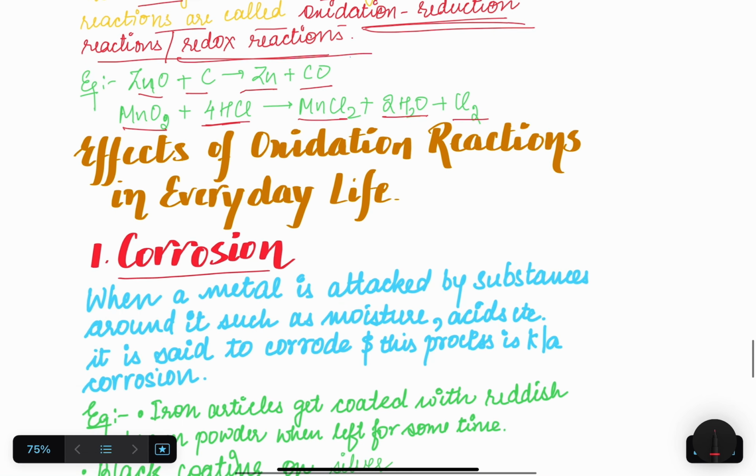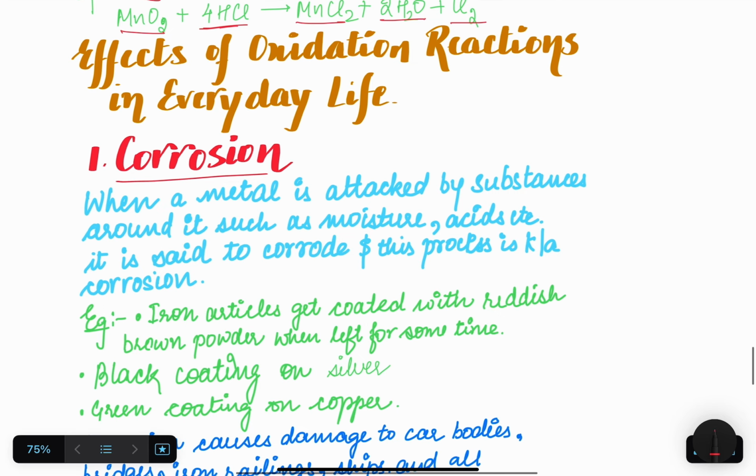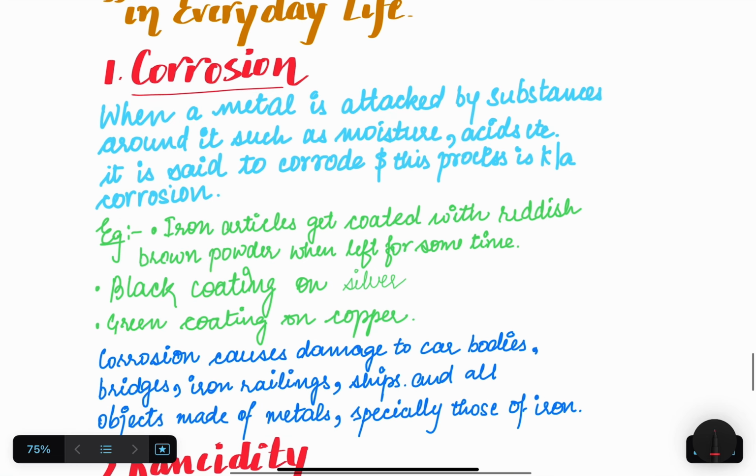Okay, so let's see some effects of oxidation reactions in everyday life. First is corrosion. When a metal is attacked by substances around it, such as moisture, acids, etc., it is said to corrode. This process is known as corrosion.